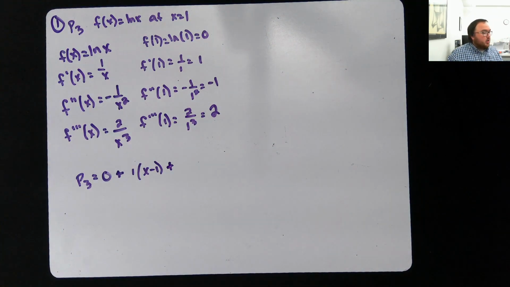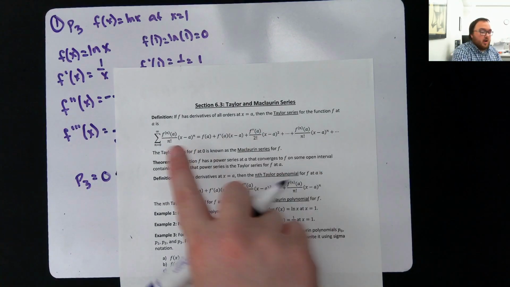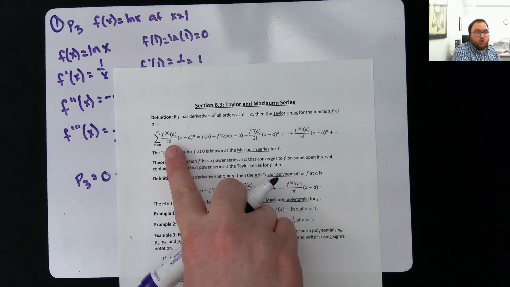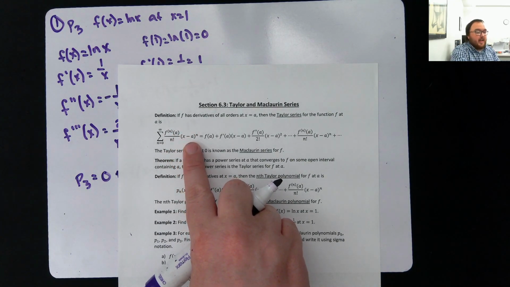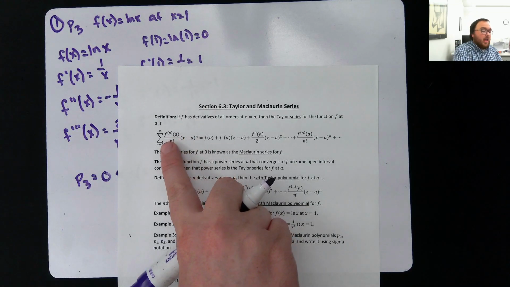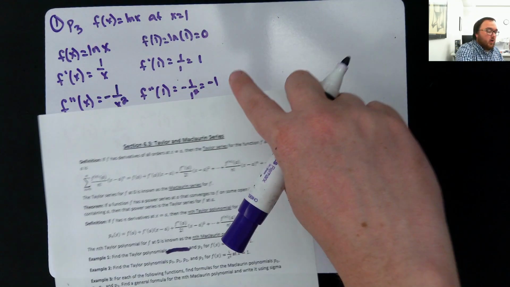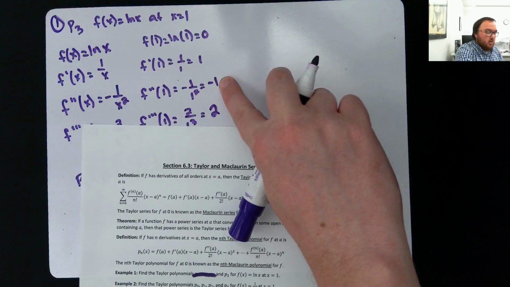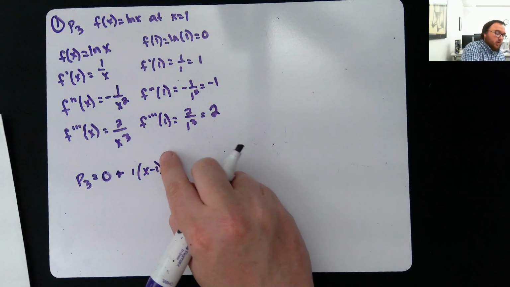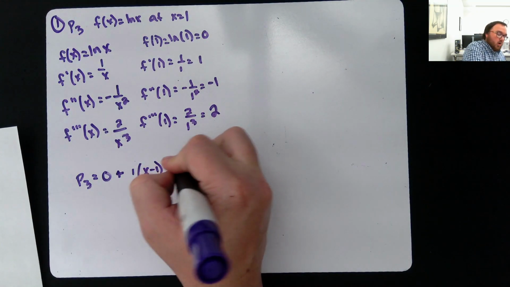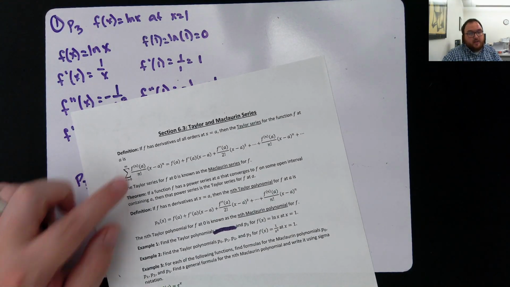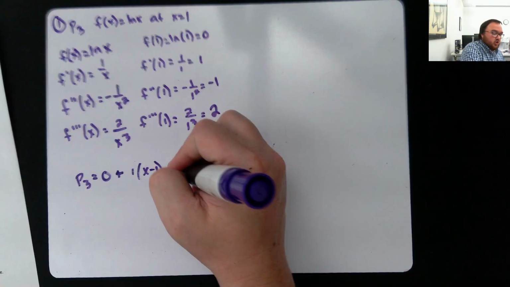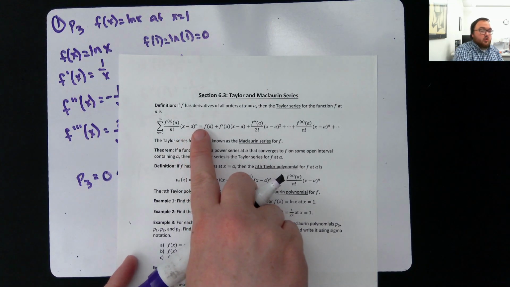Plus, for the next term, it'd be f double prime at a over 2 factorial times x minus a squared. Well, f double prime of a, we already said was equal to negative 1. So we can put minus 1 over 2 factorial, which is 2 times 1, which is just 2, times x minus a squared.